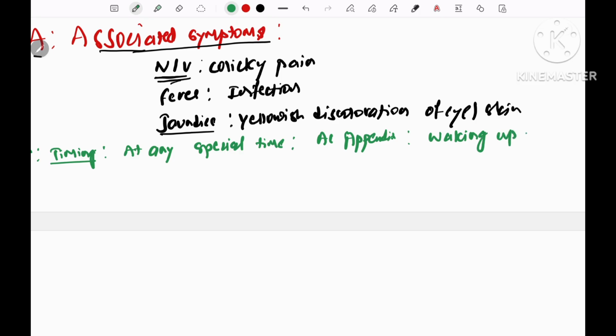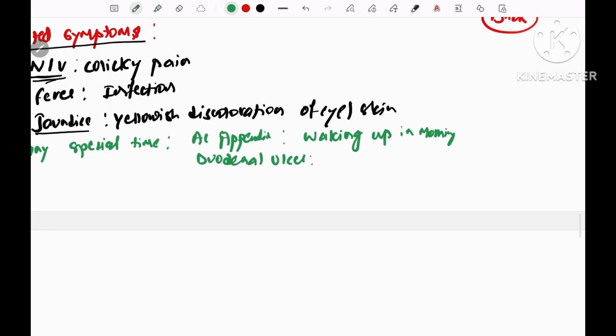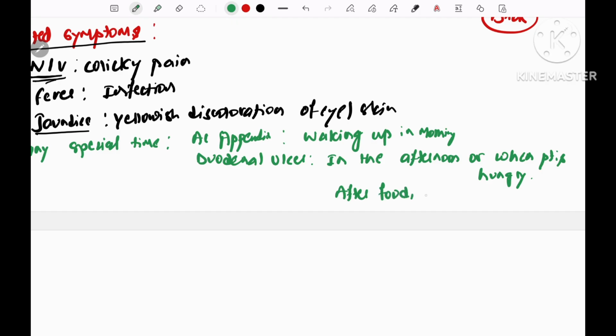And in duodenal ulcer, the pain starts in the afternoon, or when the patient is hungry. During this time, the pain is present in duodenal ulcer. And when the patient takes food, the pain disappears.